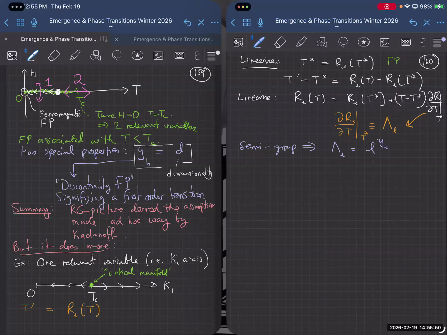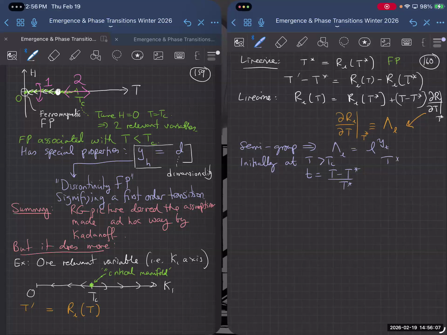And if we are initially at some temperature greater than Tc, then I can write t is equal to T minus T star over T star, and T star is in this case equal to Tc, and therefore I get t prime is equal to t times L to the power y sub t.